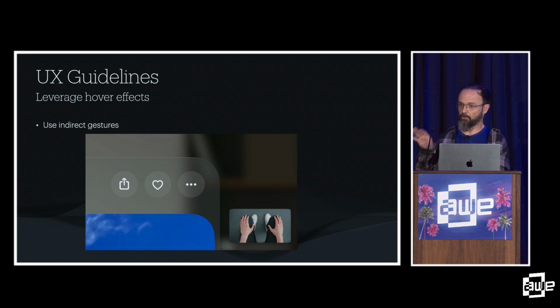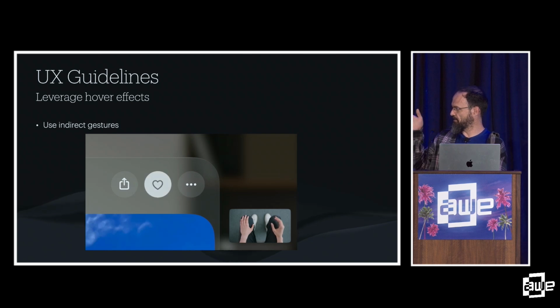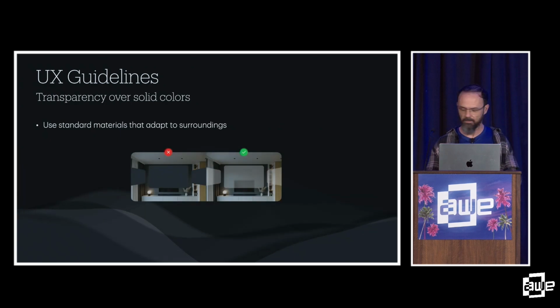And when the component has been highlighted, we could use, for example, a pinch to select this object. We can see an example here. You see that the eyes are moving, the heart is being highlighted, and then we can pinch to get it selected. So combining indirect gestures with direct gestures is going to open a universe of possibilities for our users.